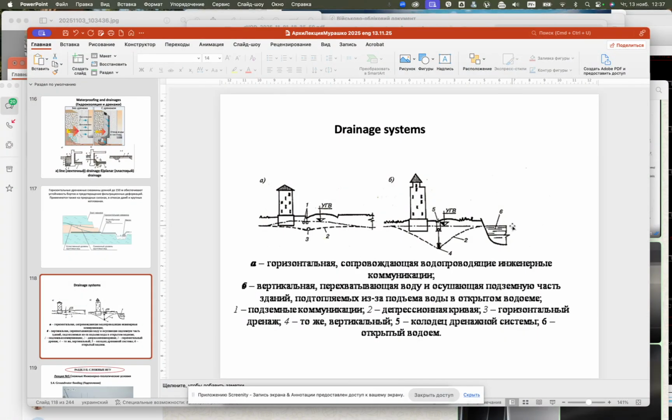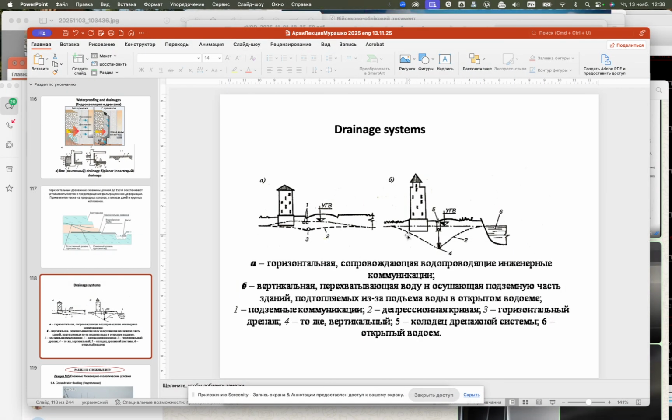In that case, you should use a radial drainage system. We can use a well, which will collect the water, but we have to pump the water from this well all the time, because the level of the water near the building will be the same as near the river when you stop pumping the water.